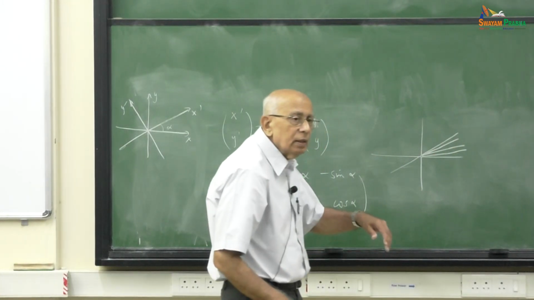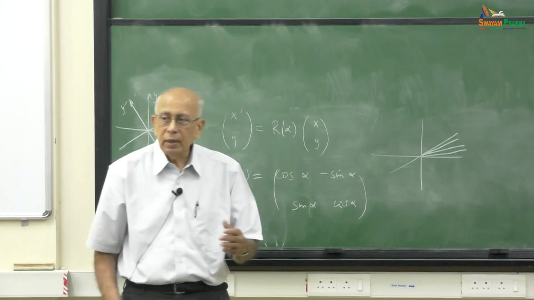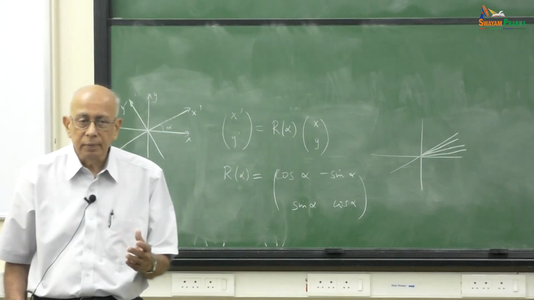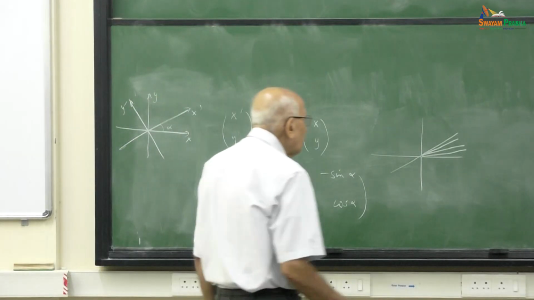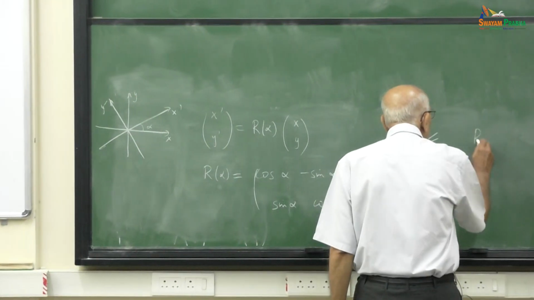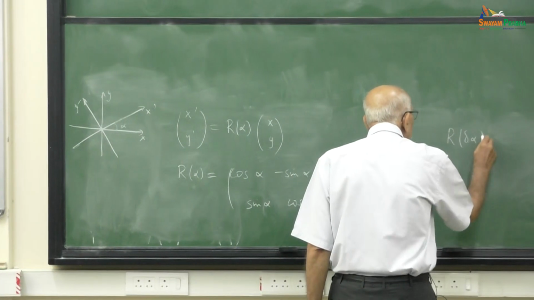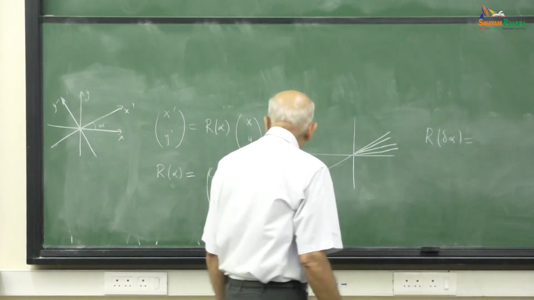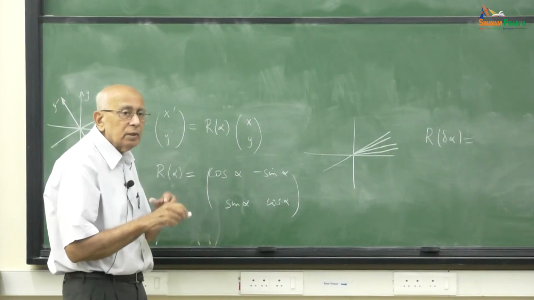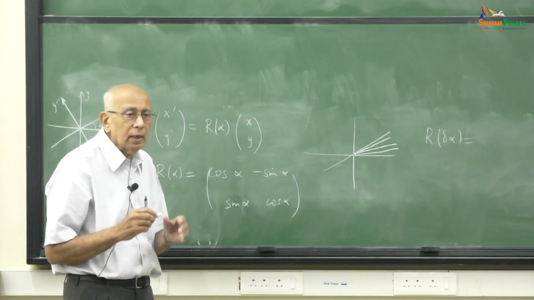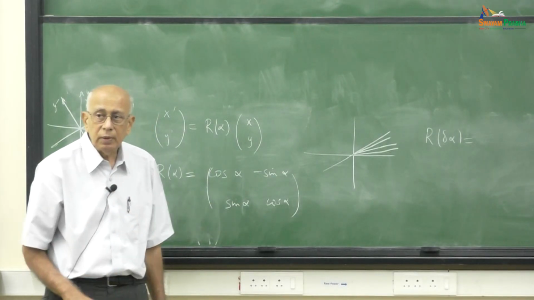I go on adding these delta alphas and rotating by infinitesimal amounts till I reach the alpha. So what is R of delta alpha? If this is R of alpha, and alpha is now an infinitesimal delta alpha, to first order in delta alpha, what is R of delta alpha?